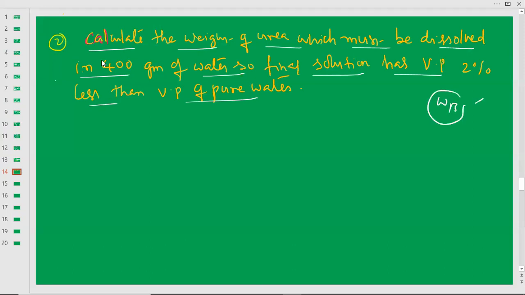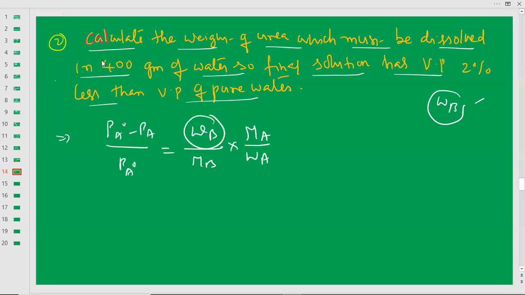Our Raoult's law relation gives PA naught minus PA by PA naught equals WB by MB into MA by WA. The WB is the aim of the problem, which can be calculated. They are telling about the percentage of relative lowering of vapor pressure. That means if you consider 100% as the vapor pressure of pure water, then the vapor pressure of the solution will be 98%.